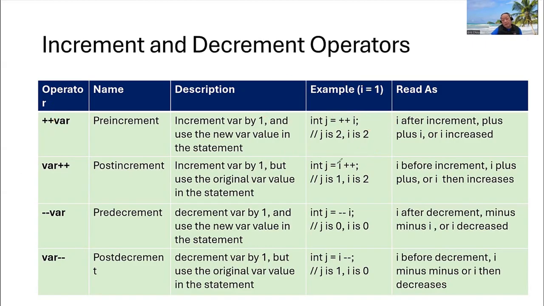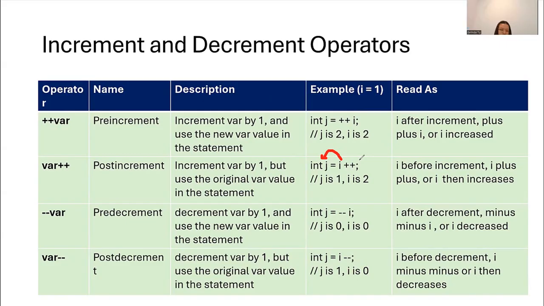And then if you have I plus plus, this means I's value is assigned to J first. Then I increases. You use I before you do the operation. That means I's 1 is assigned to J, then I increases to 2. So J equals 1, I equals 2. Is that okay?